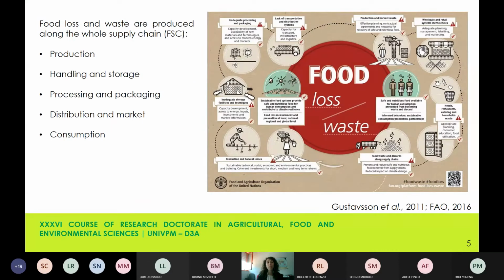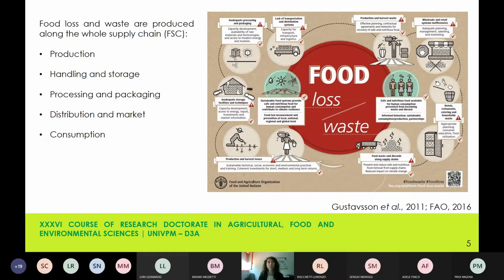Food wastes are generated along the whole food supply chain. They start in the field, where bad weather conditions as well as pest attacks can greatly reduce the quality and the quantity of the raw material that is then transported and stored. During transportation in particular, some mechanical damage can occur, which leads to a reduction in the quantity of the product that arrives at the processing plant.